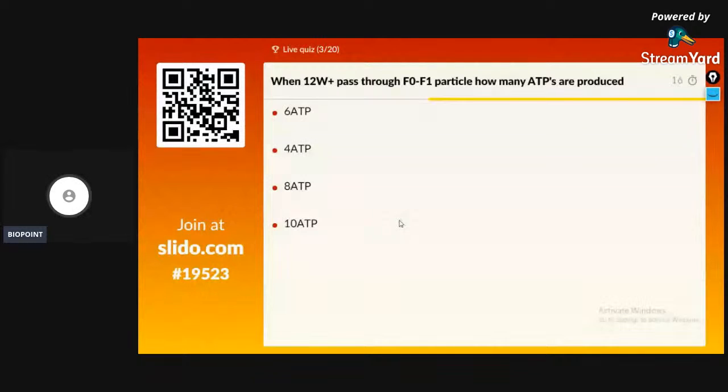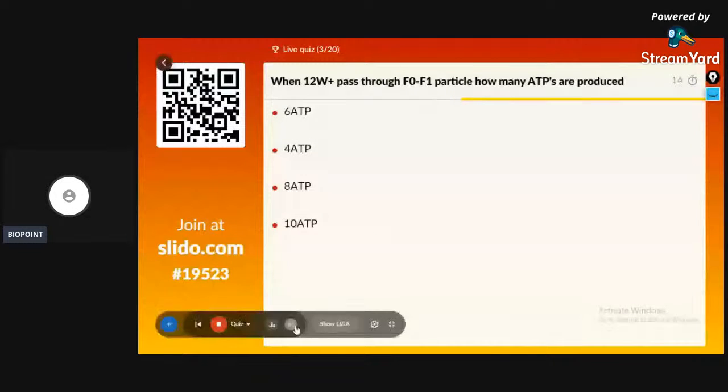There are 6 ATP, 4 ATP, 8 ATP, or 10 ATP. Tell me the correct answer for the question. The correct answer for the question is 6 ATP.